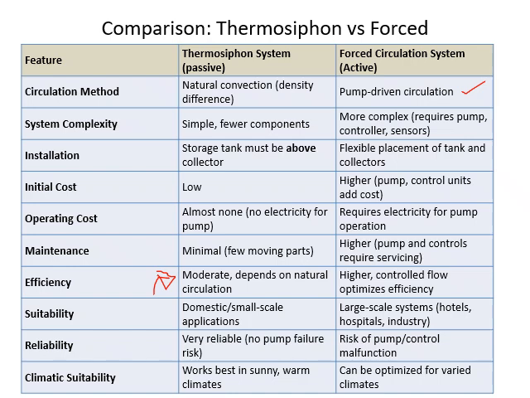So thermosiphon is very reliable, while forced circulation will have the risk of pump or control malfunction. And climate: thermosiphon will work best in the Middle East and North Africa region, where there is plenty of sunlight throughout the year, no clouds, warm climates. However, forced circulation can be optimized for varied climates.